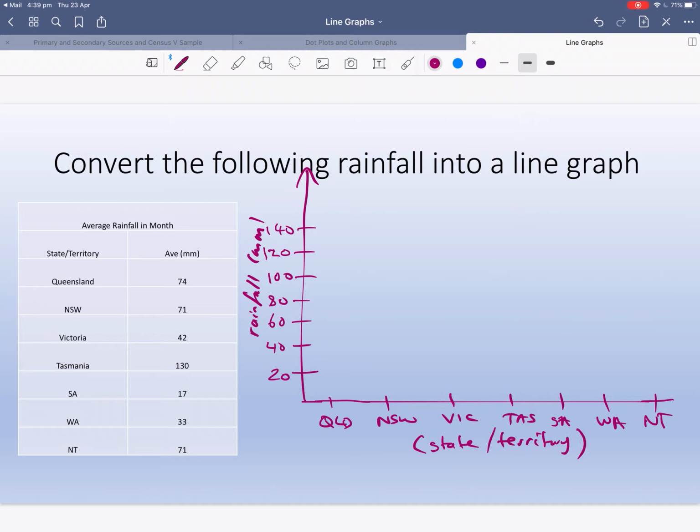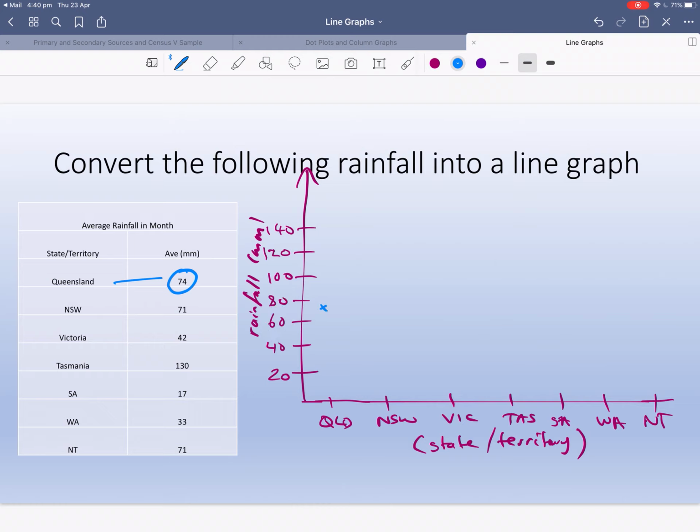All right, so that's the state or territory down there. Okay, so to draw a line graph, all I'm going to do is pretty simple. I'm just going to look at how much rainfall. So there's 74 mils in Queensland, so I'm going to approximately get there. So see how this is 60 and this is 80, so it's going to be somewhere halfway between that, but maybe closer to 80.